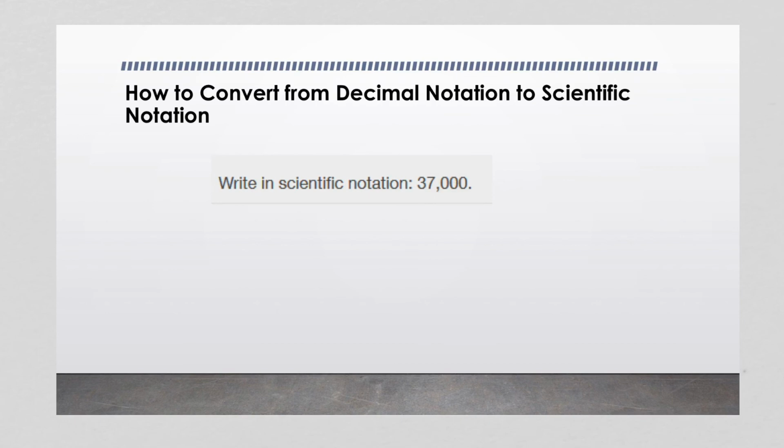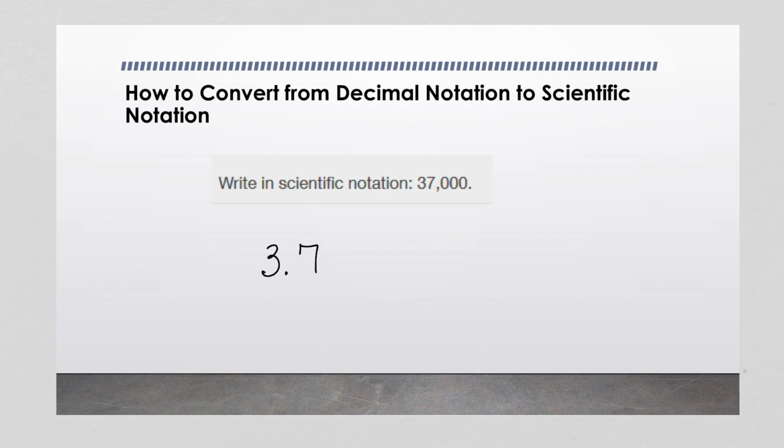Again, greater than 10. If I put the decimal here, I get 37. That's still greater than 10. But look, if I put the decimal here, I get 3.7. Well, that is greater than or equal to 1 and also less than 10 at the same time. So I want my decimal between the 3 and the 7. Okay, let's write that down.